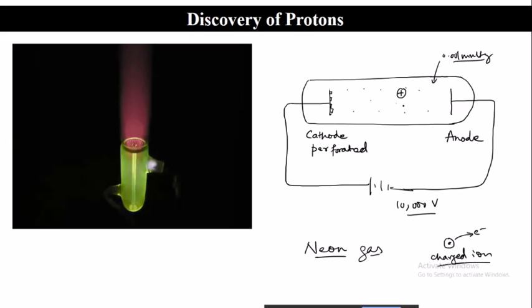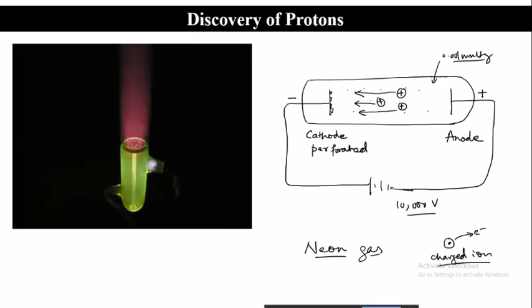Positive charge ions are formed. Will these positive ions be attracted towards the negative cathode or the positive anode? They will be attracted towards the cathode. They will move towards the cathode.